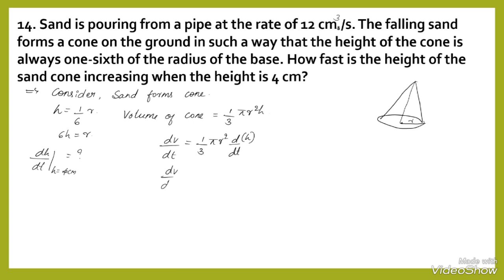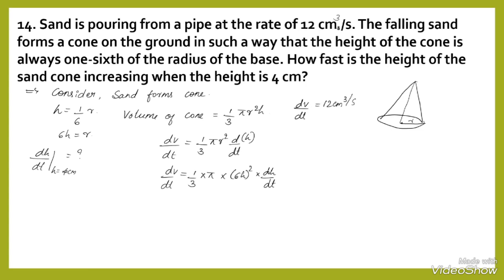dv by dt is equal to 1/3 into pi. What is the radius? 6h. It is 6h square into dh by dt. What is dv by dt? We know the rate of change of volume is given, that is dv by dt. They have already given 12 centimeter cube per second.